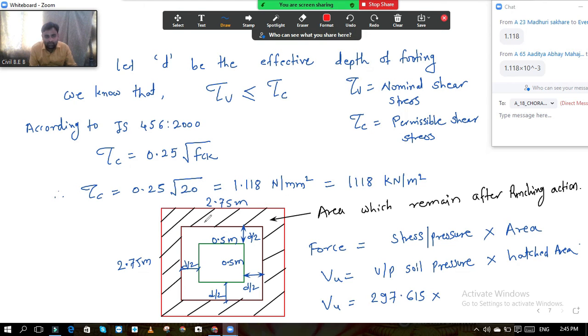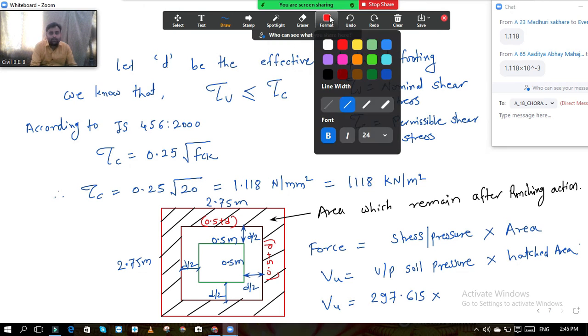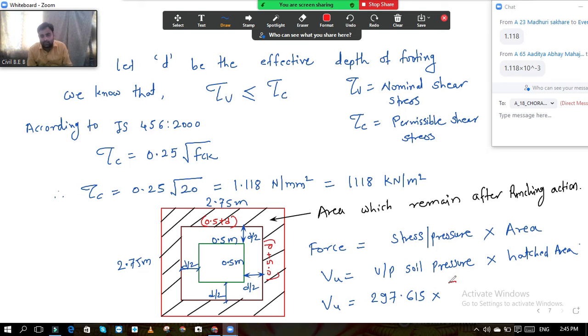This dimension is 0.5 plus d, and this will also be the same, 0.5 plus d. This will also be the same, 0.5 plus d. So now if I want to calculate that area, how do I calculate it?